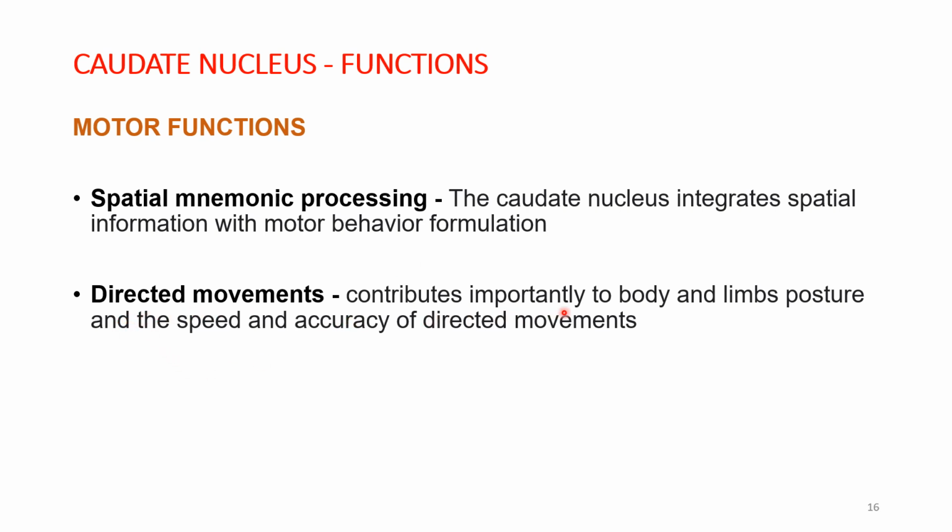It contributes importantly to body and limb posture and the speed and accuracy of directed movements. So it will control the speed and accuracy of the directed movements. Two motor functions: spatial mnemonic processing, and control of directed movements.